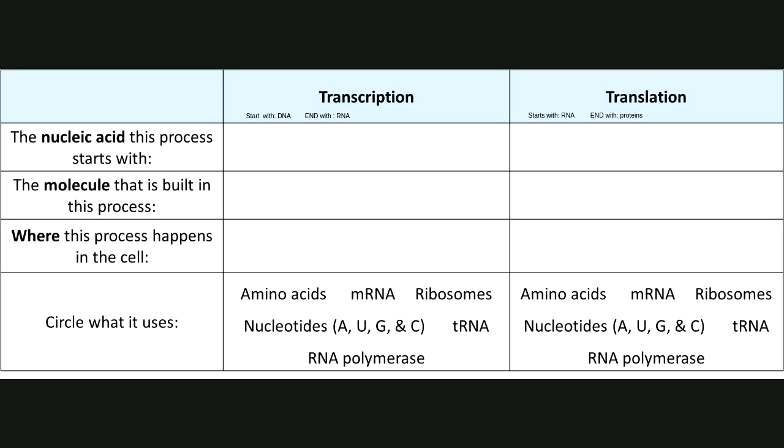When we talk about translation, we said we start with the molecule called RNA, the nucleic acid or the information molecule called RNA. So translation starts with specific directions to make the particular protein that I care about. Transcription starts with DNA, which is all of the possible information that I could need in my cell.